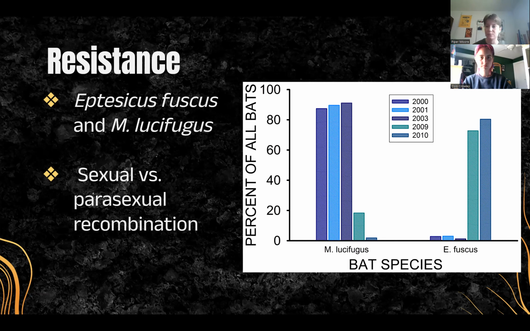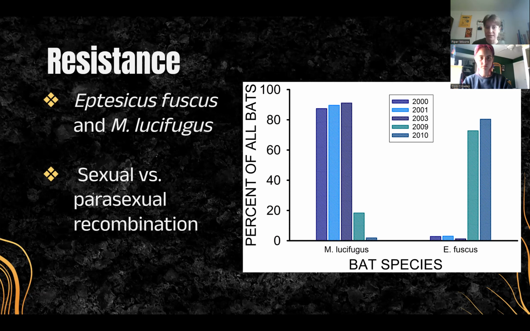They comprised a small portion of the population within the Williams cave mines. However, after the introduction, because a lot of the other bat populations were dying off, its population grew exponentially because it was not affected and did not have the mass mortality the other bat populations were experiencing.